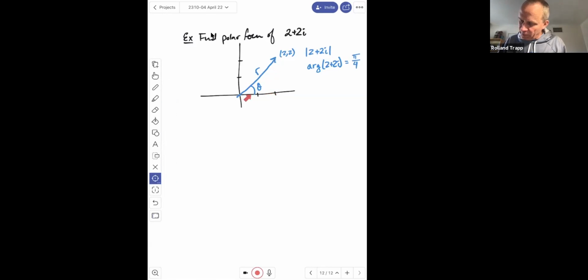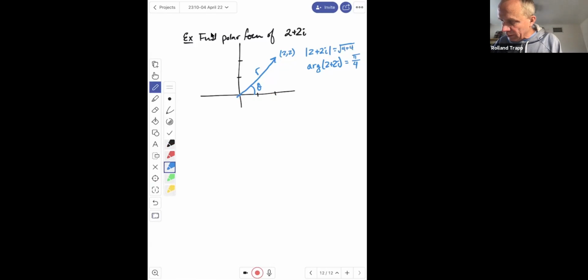It's this squared plus this squared, and then you take the square root. So this is the square root of 4 plus 4, which is 2 root 2. So the polar form of this is 2 root 2 e to the i pi over 4.